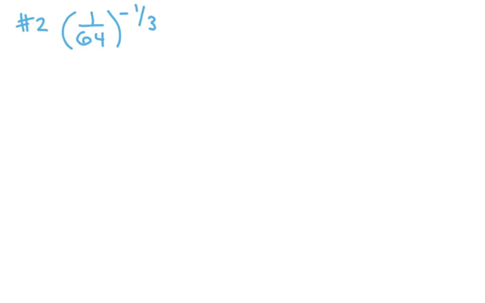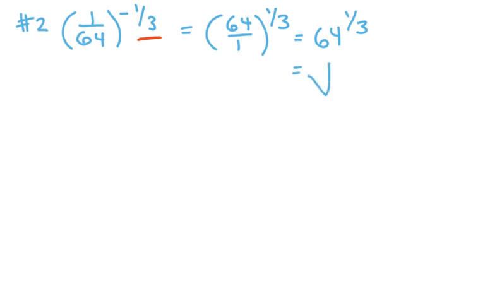Okay, so let's work this second problem. I have 1 over 64 to the negative 1/3 power. First thing I want to do is see if I can get rid of that negative exponent. And the way to do that is to flip everything inside. This will be 64 over 1 to the positive 1/3 power. Now that's just 64 to the 1/3 power, which is the cube root of 64.